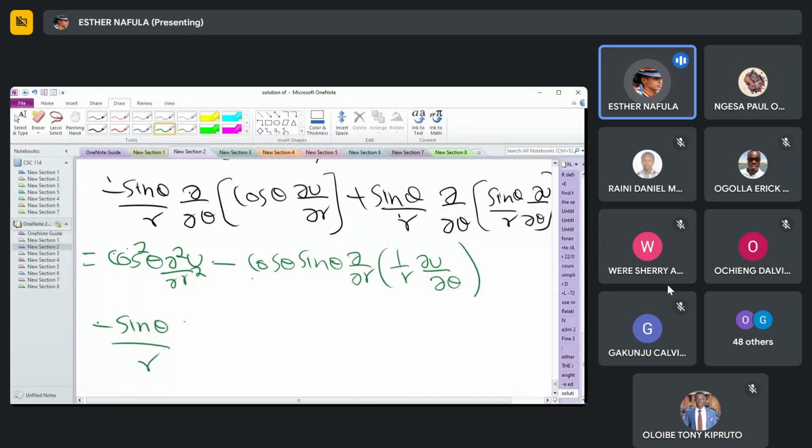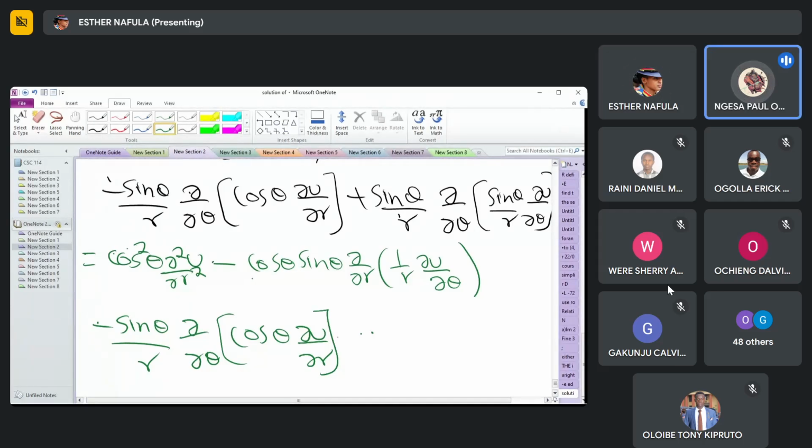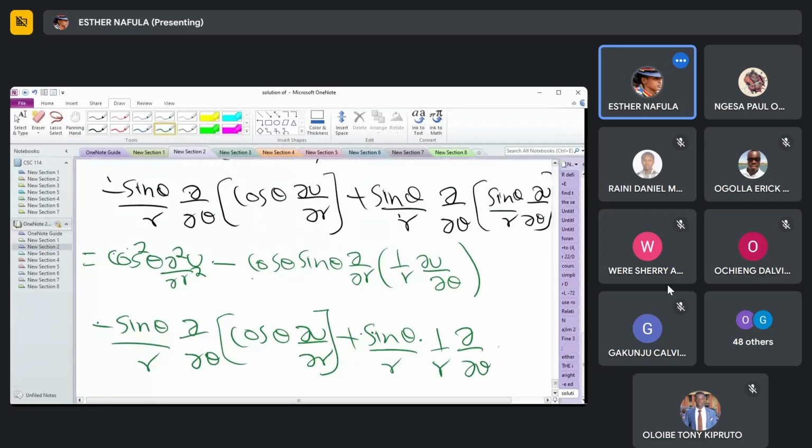Minus sin theta over r partial theta of cos theta partial u partial r, because we can differentiate the first derivative. From the last bracket, what do we factor out? 1 over r. So we have sin theta over r times 1 over r partial theta of sin theta partial u partial theta.